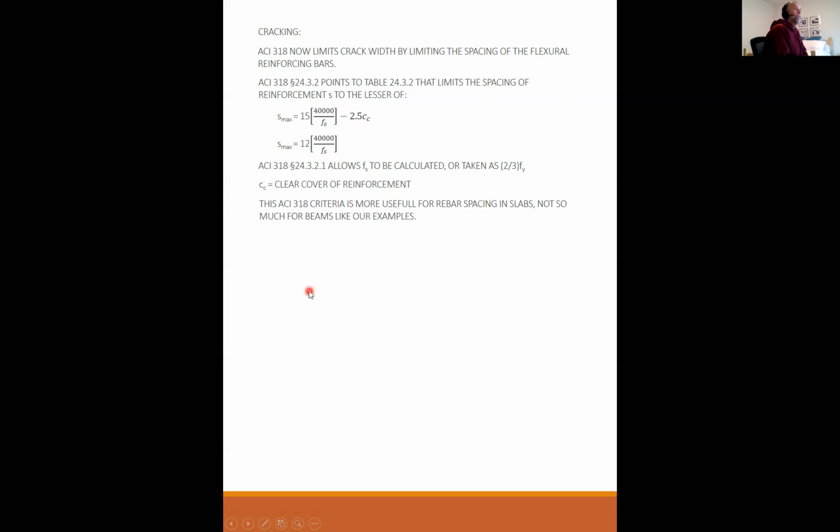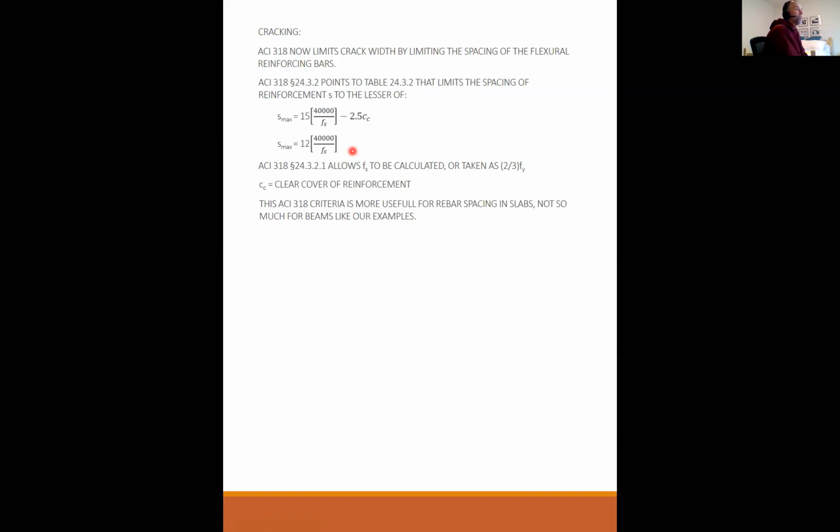This ACI 318 criteria is actually much more useful for rebar spacing in slabs, not so much for beams like in our examples. In our examples, the rebar spacing of the beam we just did was probably 3 inches on center, and these equations generally give you numbers like 9 to 15 inches on center.